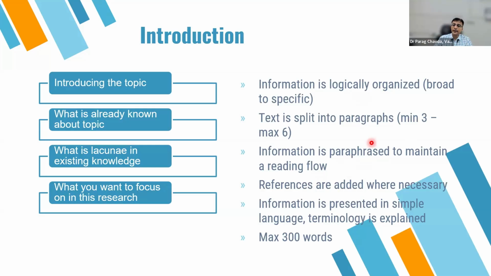Ensure that references are placed where necessary, and ensure that information is presented in simple language. Since it's scientific literature, use of scientific terminologies would be allowed and expected, but you are also expected to keep it very simple.